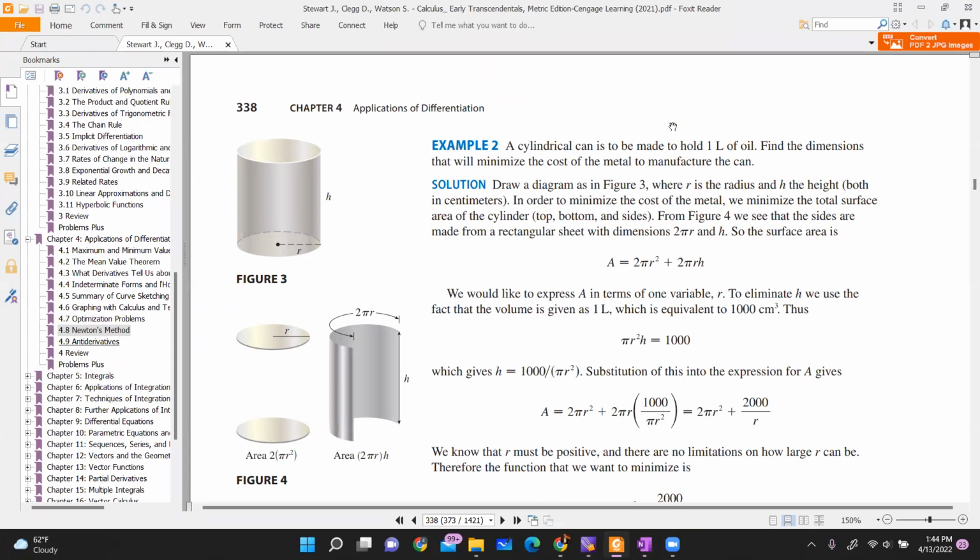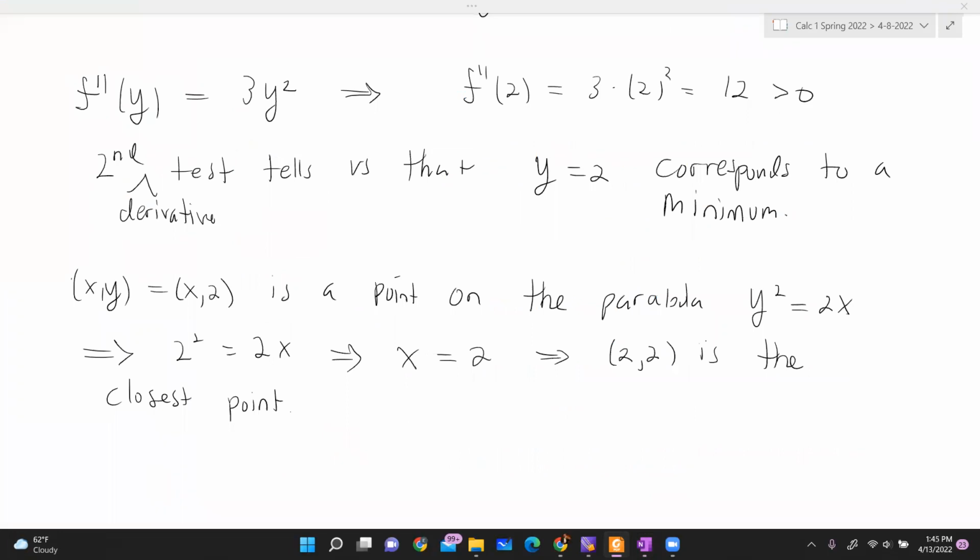It says you have to make a cylinder. I'm not even going to bother going through it. If you can work through it and make sense of it, that's just more practice, but you don't have to worry about example 2 and example 4.